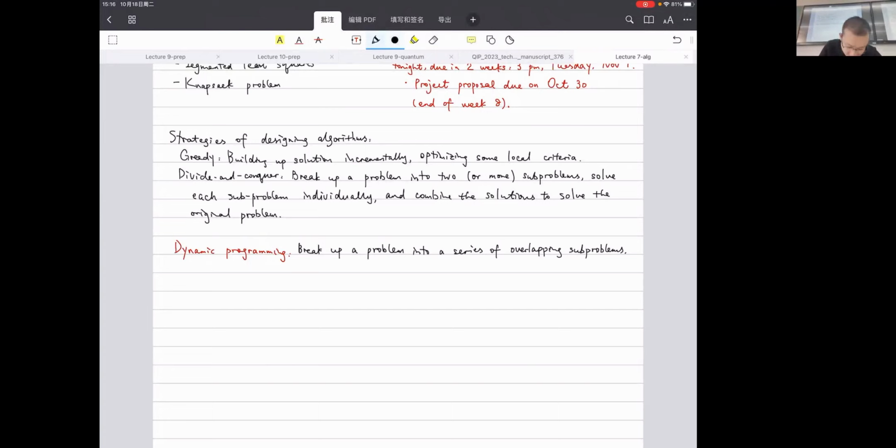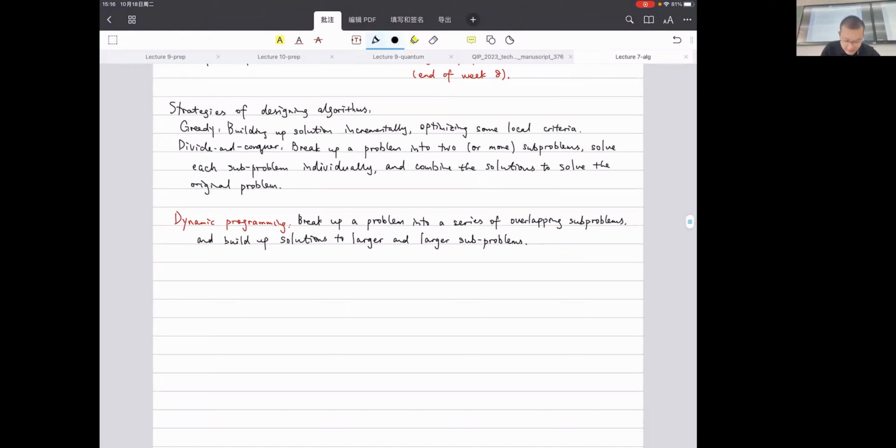And we are going to build up those solutions to larger and larger subproblems. This is probably still a little bit abstract to understand, but in general, what is dynamic programming here?